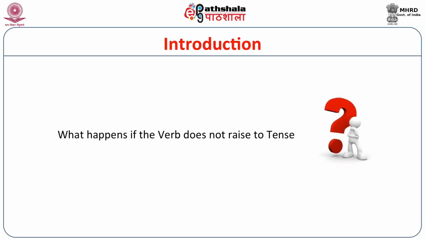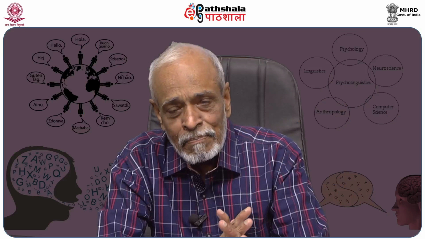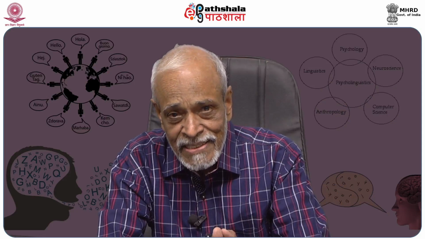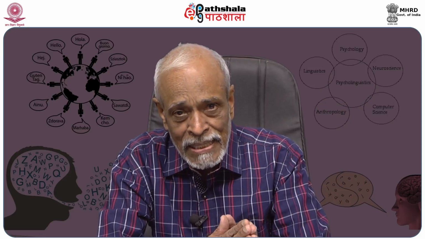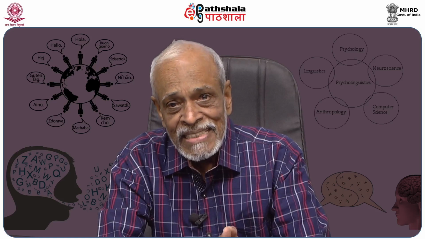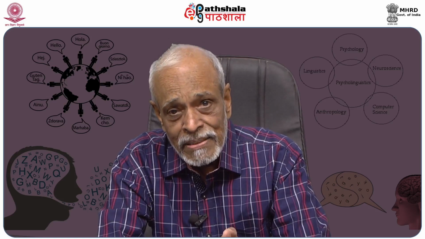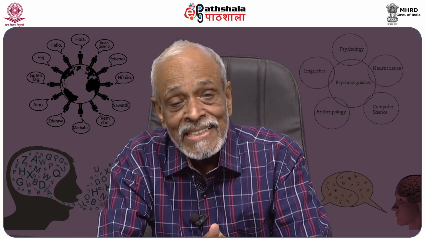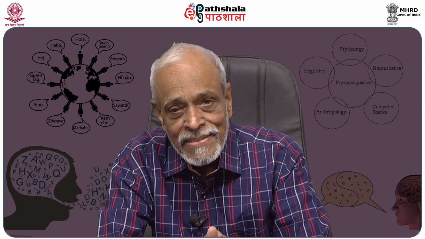If the verb does not raise to tense, what happens? The plus V feature on the tense remains, and the plus or minus past feature on the verb remains. These are uninterpretable at the LF interface, and the derivation crashes.